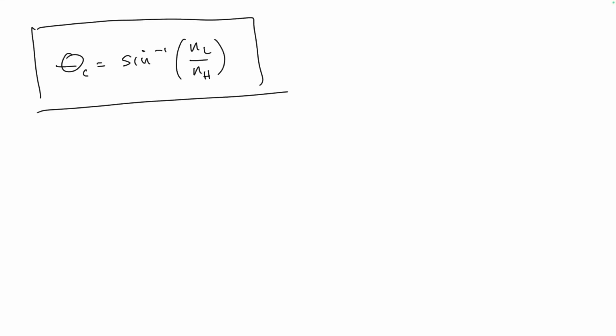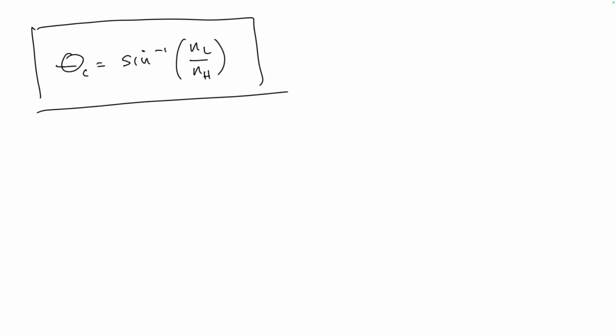Critical angle, so equation wise, the critical angle is the inverse sine of n low over n high. So I'm kind of reverse engineering my understanding of this, okay? That's what the equation says, but low and high, what does that mean? Critical angle, the angle at which light will be reflected from a surface, like 100%.